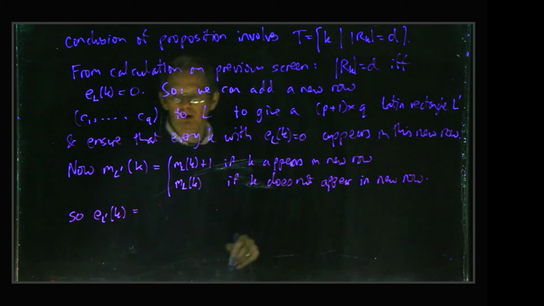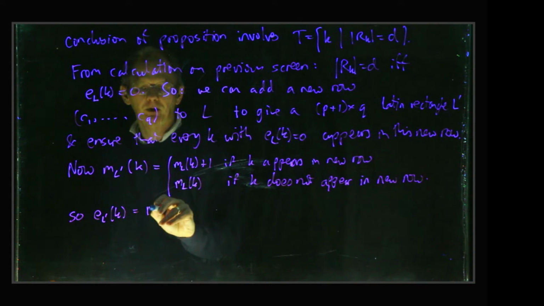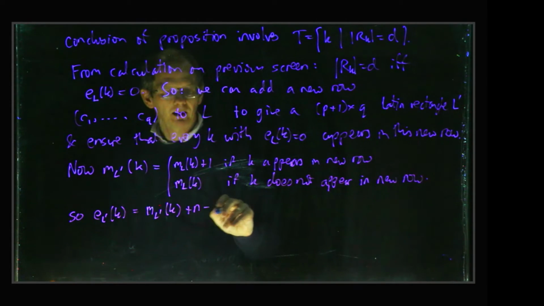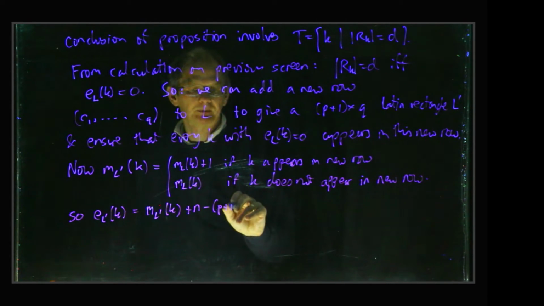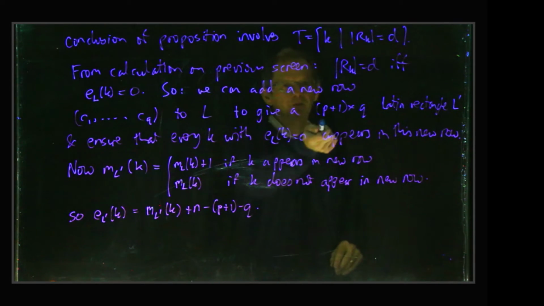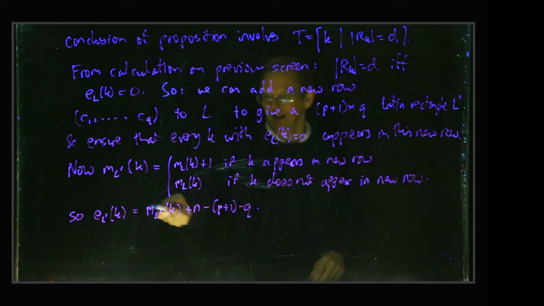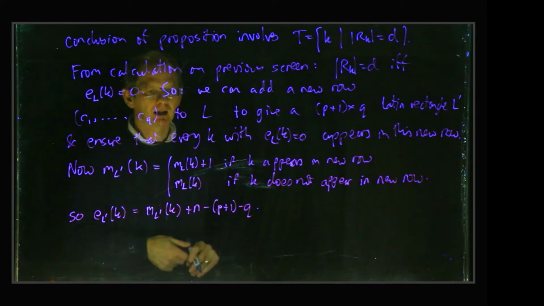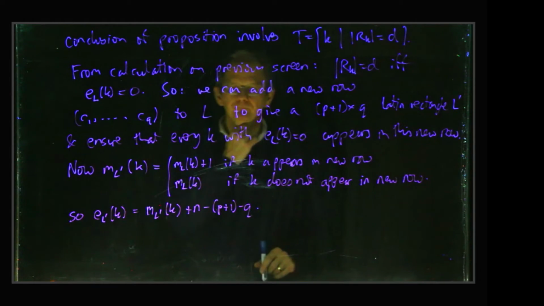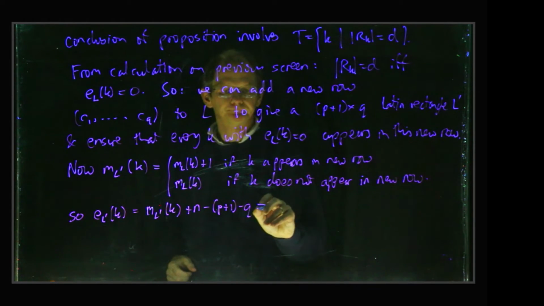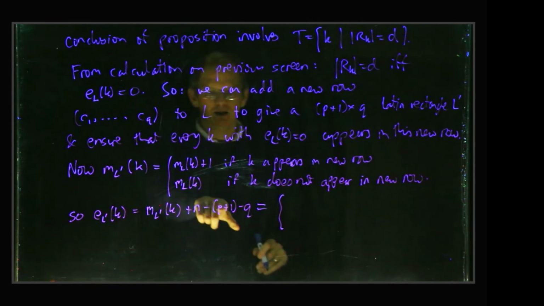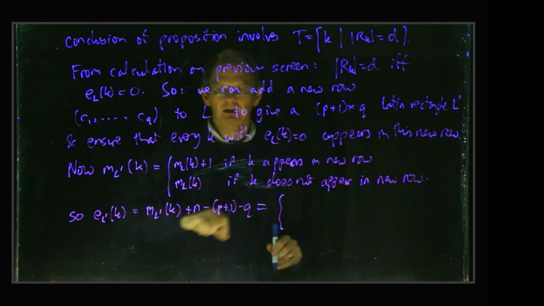So EL prime K, what's that? That's ML prime K plus n minus p plus 1 minus q. Remember, L prime has shape p plus 1 times q. So to calculate the excesses now, we have to add n and subtract p plus 1 and q. So we're kind of subtracting an extra 1 here.